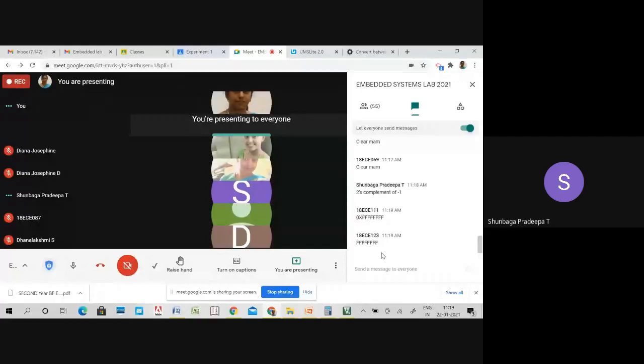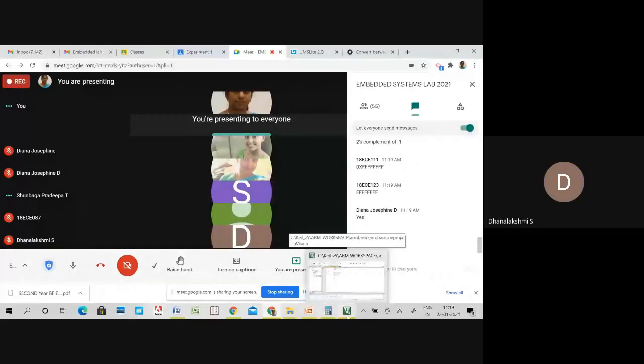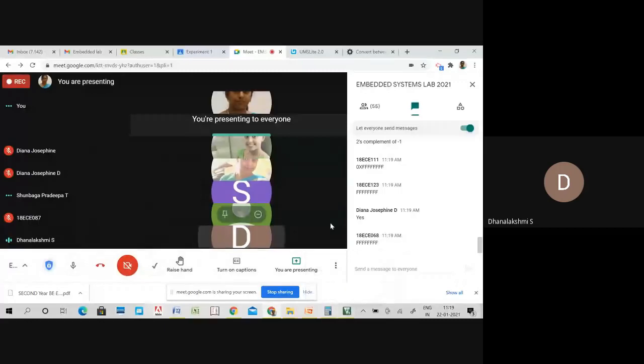All F. So similarly, you can try different values and you can check it. Everybody should work out. Only two or three answers are coming, and from the same roll number.